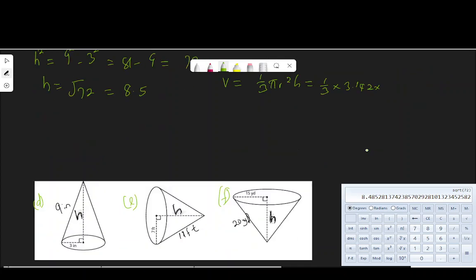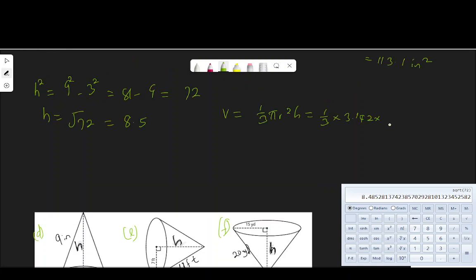What was the radius? The radius is 3 inches, times the height, which is 8.5 right there. So let's plug that into the calculator. I have 8.5, which is the number right here inside the calculator already.